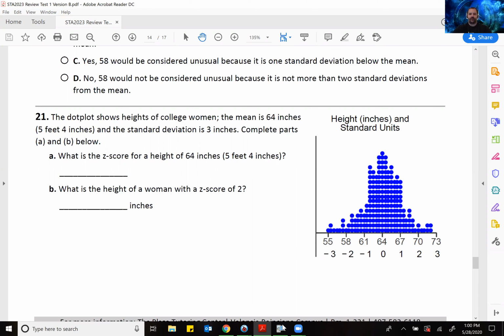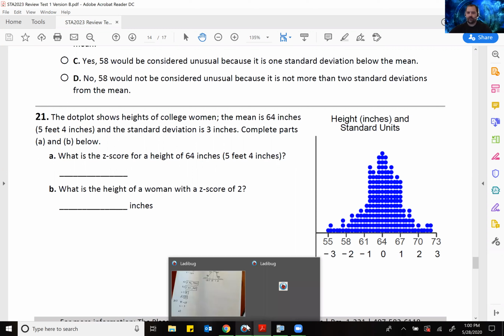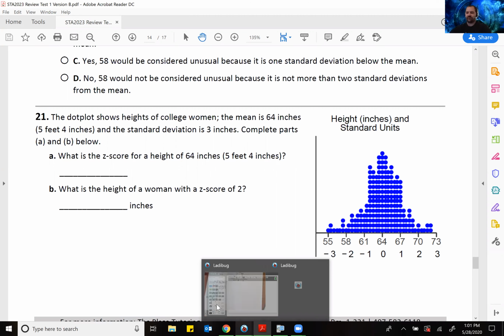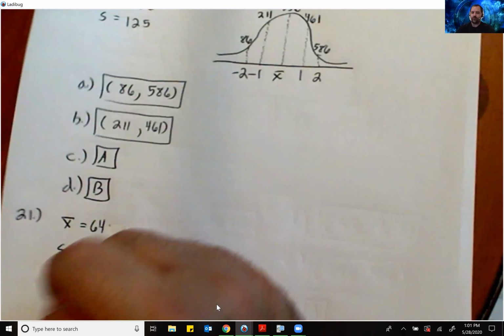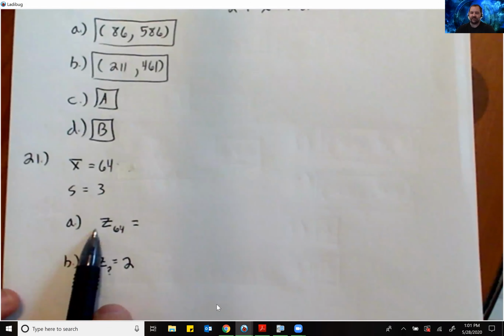Let's jump in over here. Here's what we know. We have a z-score that is 2. And in part A, we want to find a z-score for 64.